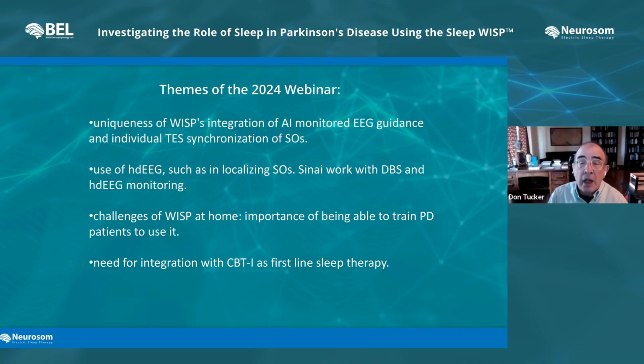We basically need not only a headband for stimulation, and not only the AI that allows us to monitor the person's sleep automatically so we can personalize the delivery of the transcranial electrical current, but we need this in a package that people with Parkinson's disease can use at home. So really our challenges have been not only scientific and clinical, of understanding the disorder of Parkinson's, but practical.